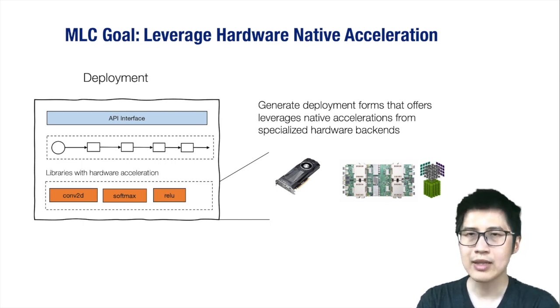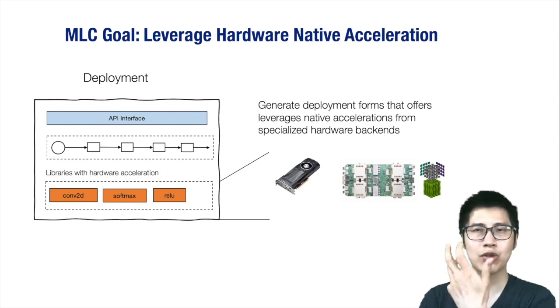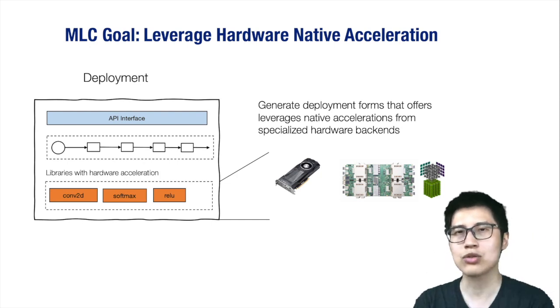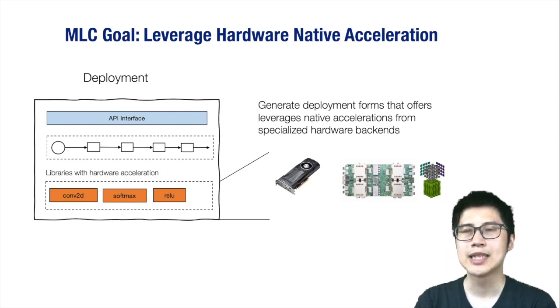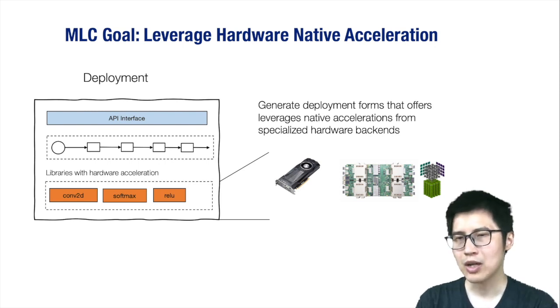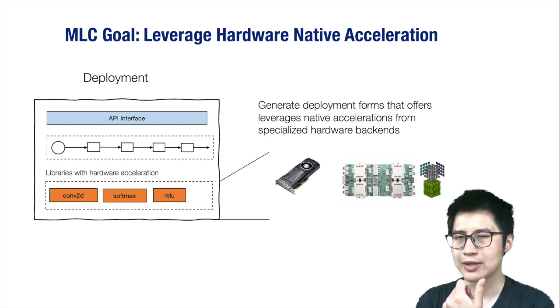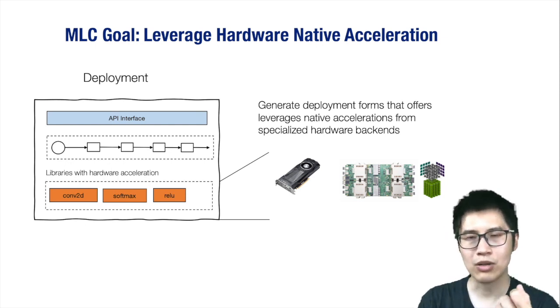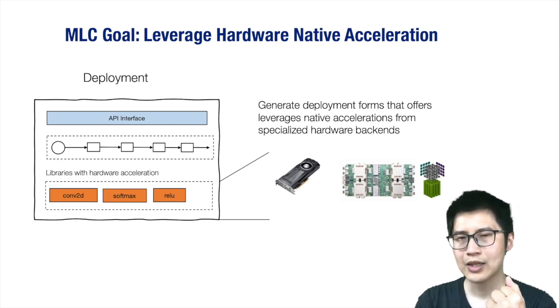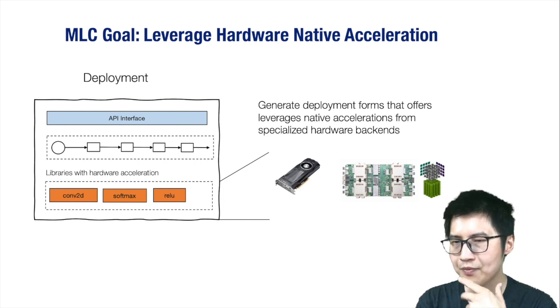So in a lot of cases, when we're trying to bring machine learning models onto deployment form, we are looking at cases where those deployment environments contain hardware acceleration, such as NVIDIA's Tensor Core and Google's TPU and other cases.